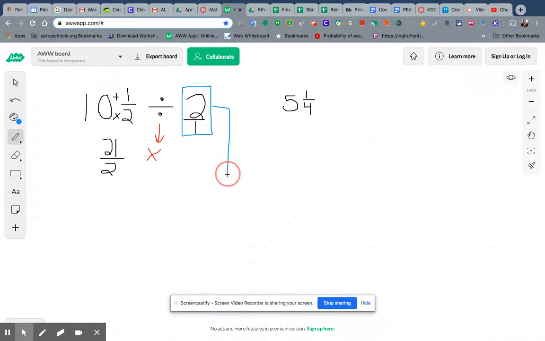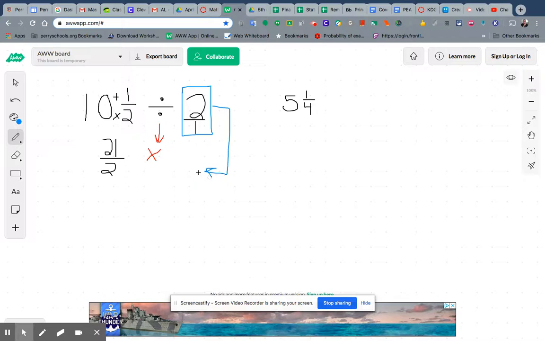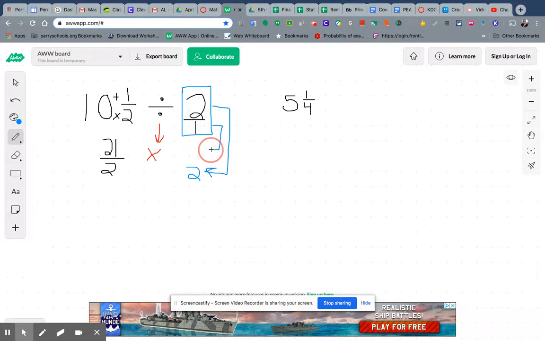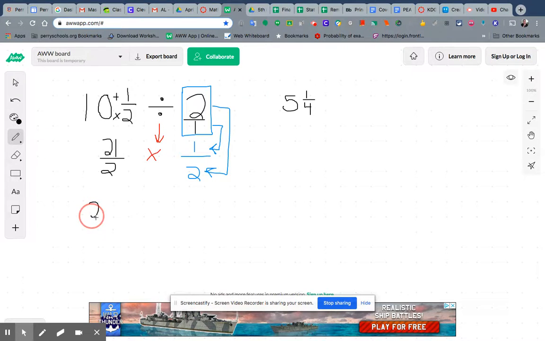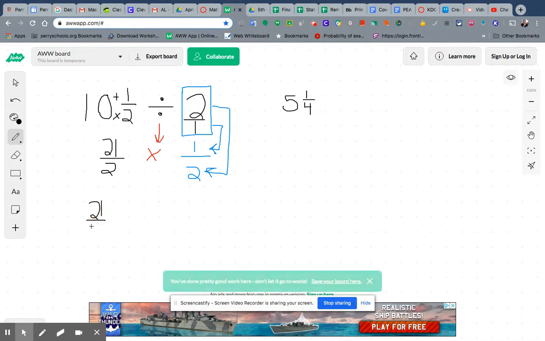The numerator becomes the denominator, and the denominator becomes the numerator, and we call that the reciprocal. Okay, so now I rewrite. I have 21 over 2 multiplied by 1/2.